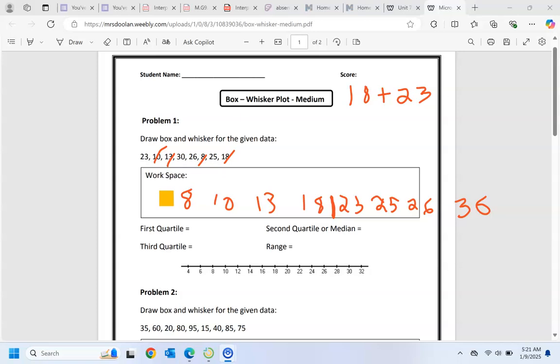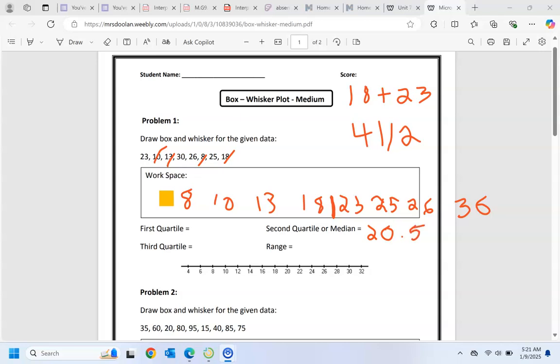Hold on, let me check that. I'm pretty sure that's wrong. Pretty sure it's 41. Yep, 41. All right. So then I'm going to take half of that. So when I divide that by 2, I get 20.5.